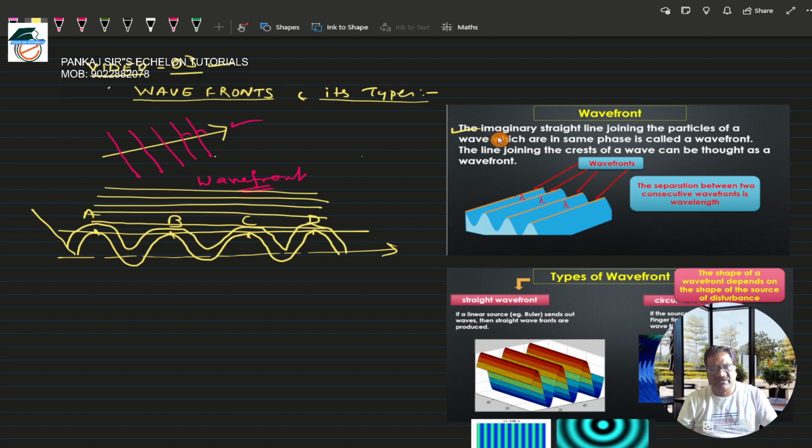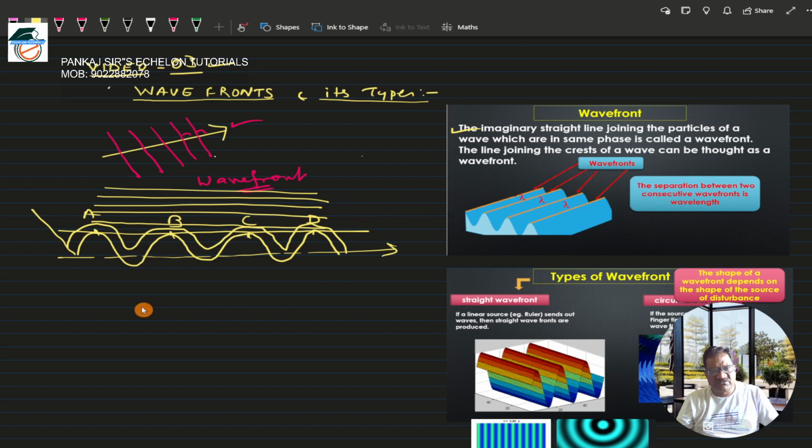So wavefronts are the imaginary straight lines joining the particles of a wave which are in the same phase. It can be the crest, it can be some other points also. All these lines joining the same phase particles form a set of parallel lines which is known as a wavefront.